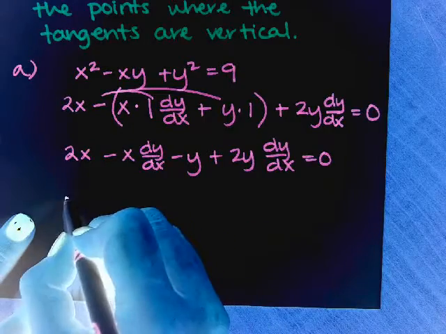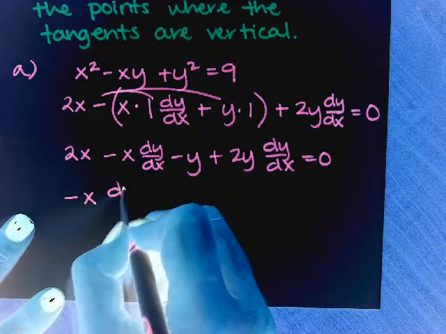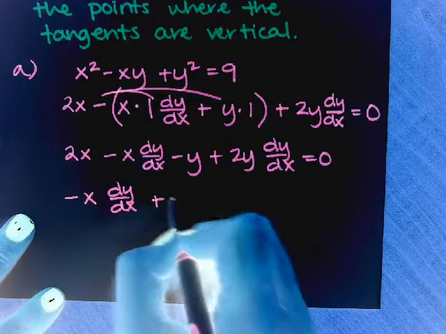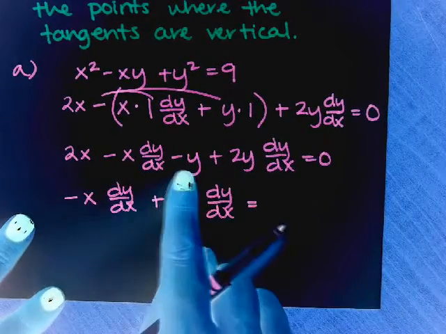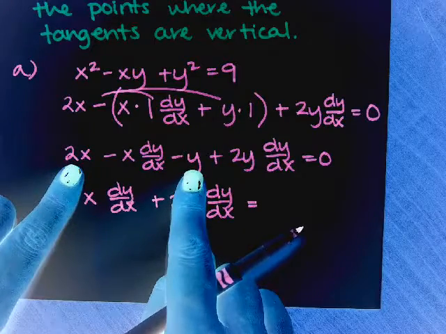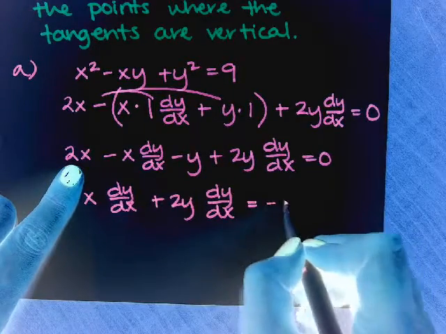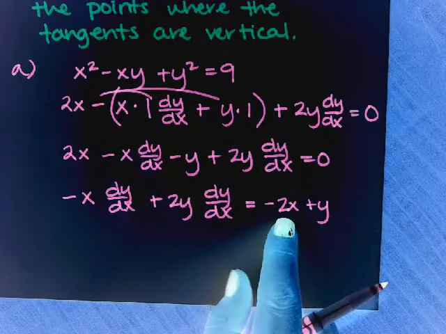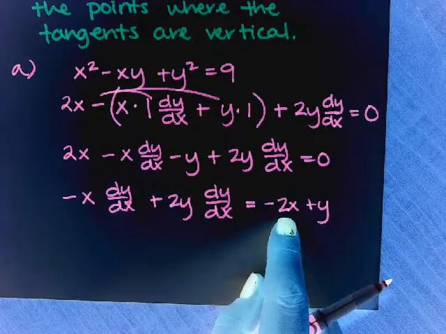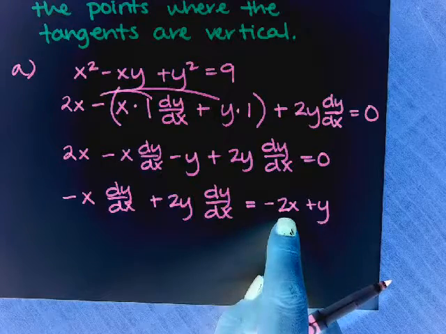So I'm going to keep the negative x dy dx, and I'm going to keep the 2y dy dx. And then on the other side, what do I get now that I've moved these over? So negative 2x plus y. If you don't like the negative being in the front, you could write y minus 2x. That's fine. Or you could do negative 2x plus y. It doesn't matter.